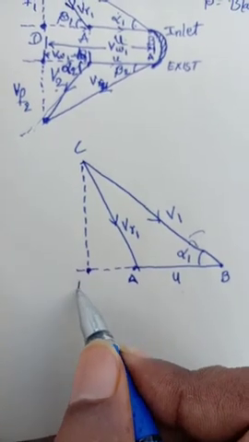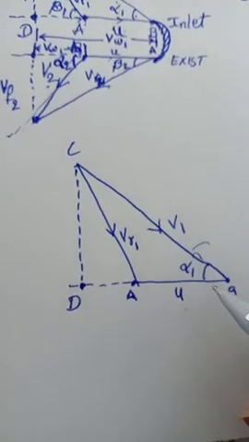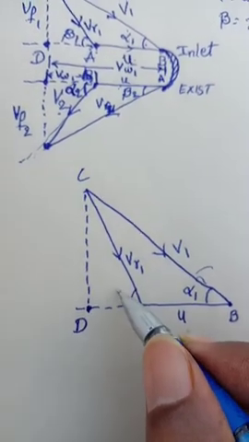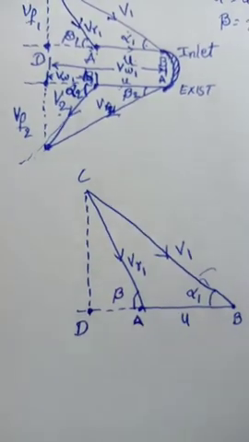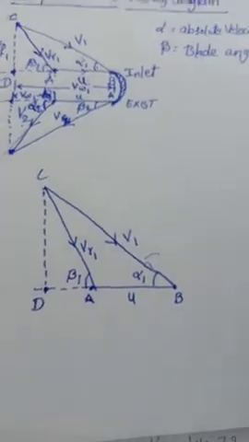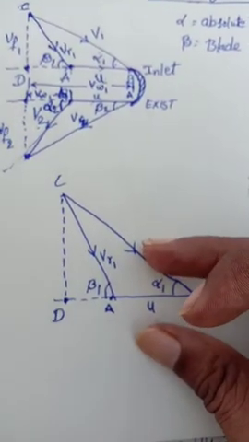I put here the point called D, A, B, C, D. Now this is the angle given in here, beta 1. Okay, so this is the outlet velocity diagram.